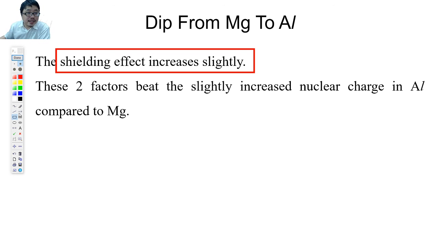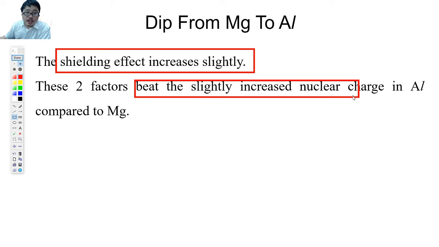Because of this, these two factors overcome the slightly increased nuclear charge, and the force of attraction decreases. Electron a little further, shielding effect a little higher, beats the increased nuclear charge, causing the force of attraction to decrease, and the ionization energy drops, making it easier to remove.